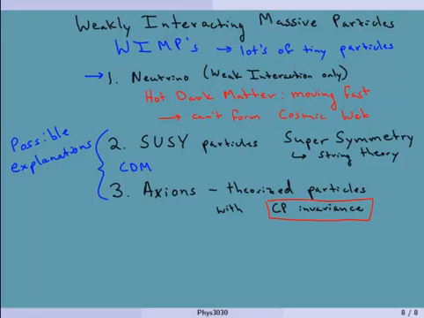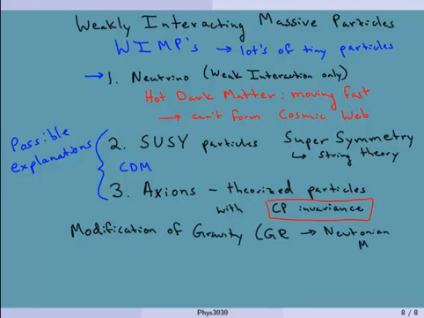maybe there has to be a modification of gravity. By gravity, I really mean general relativity, but on this scale it really is looking at Newtonian mechanics. We're talking about huge scales, where Newtonian mechanics often explain these things pretty well.